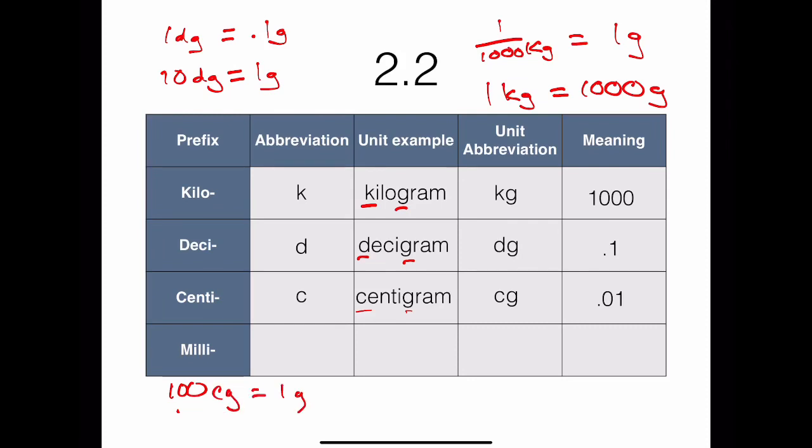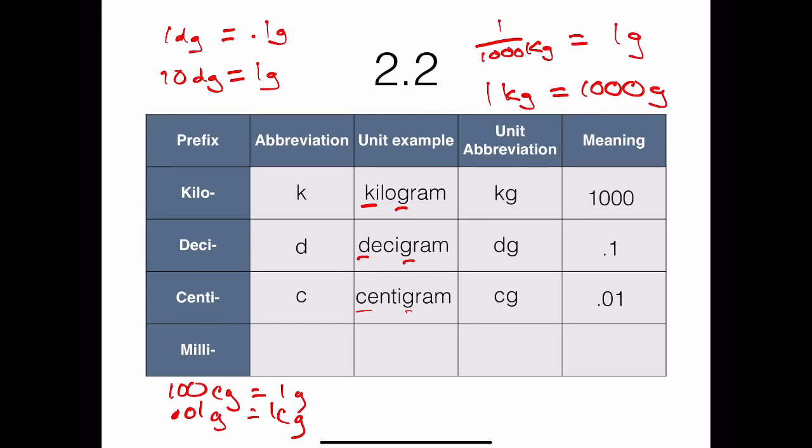Again, you can think of this as a decimal or a fraction. So we would have 0.01 grams equals 1 centigram. But whatever makes sense to you to remember the conversion is the method I want you to use. Again, I'll show you how to use these based on what type of conversion you have in a future section.